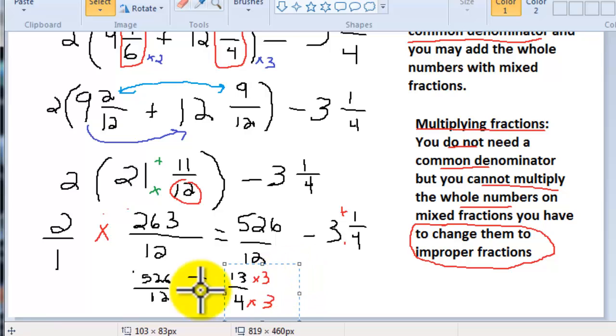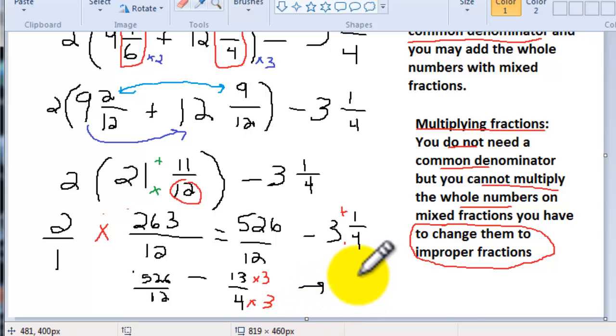So we've got this. I'll keep going over here. So I'm going to take this 526/12 and subtract 39/12, because 13 times 3 is 39, and then the denominator 4 times 3 is 12.